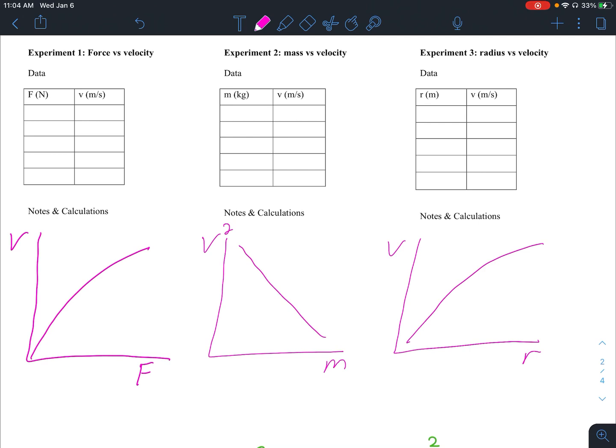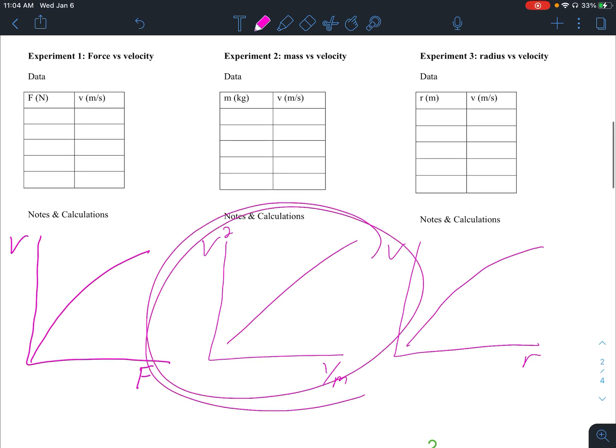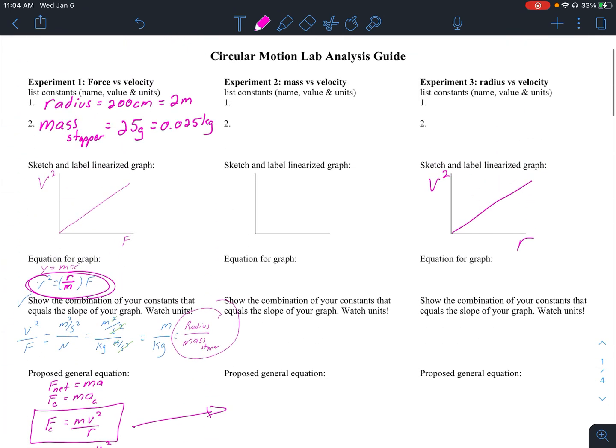To get rid of that inverse relationship, if we take the inverse of our x-axis, it will make our graph positive. So that's the correct linearized graph for mass and velocity: squaring the velocity and taking the inverse of the mass will give us that.